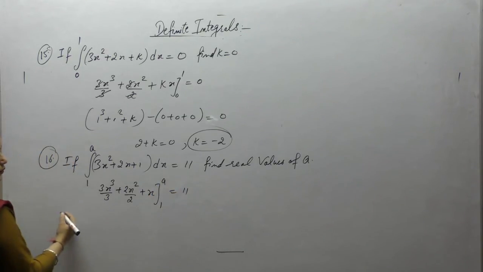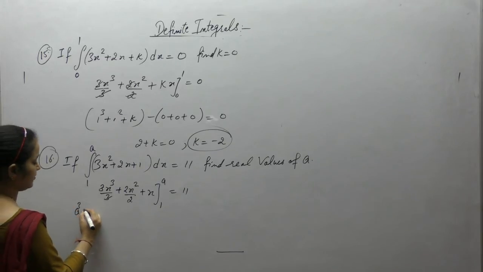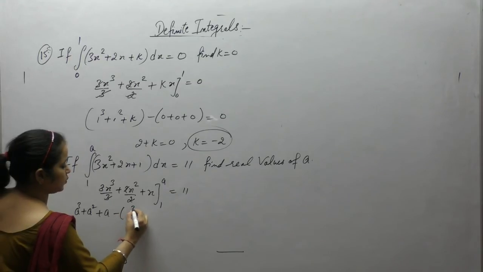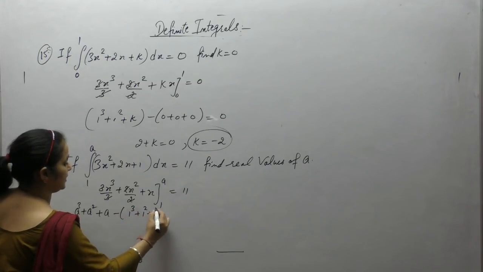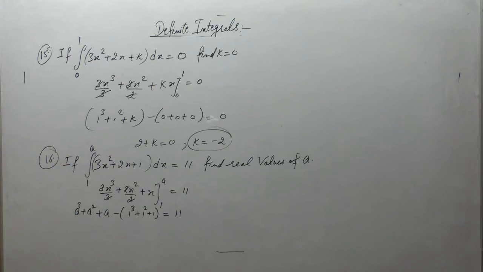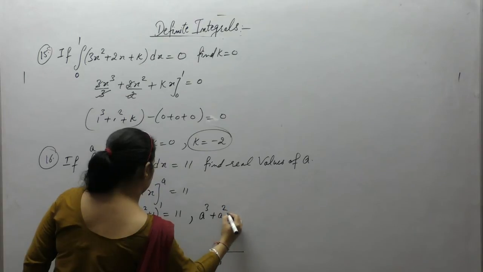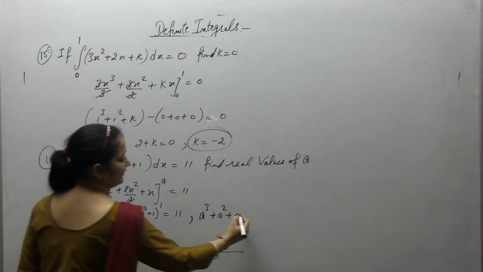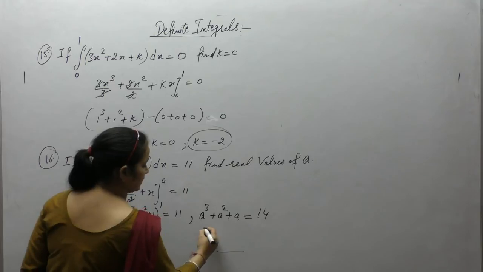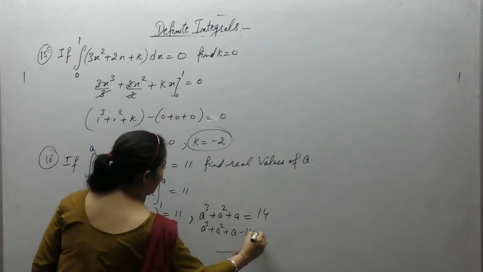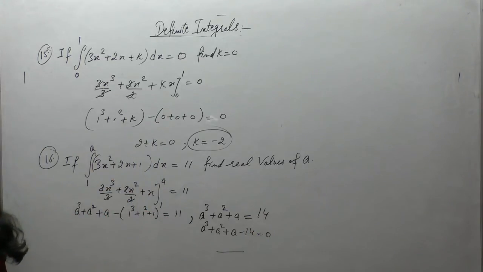The limit goes from 1 to a. So a cube plus a square plus a minus (1 cube plus 1 square plus 1) is equal to 11. A cube plus a square plus a minus 3 equals 11. 11 plus 3 is 14. So a cube plus a square plus a minus 14 is 0.